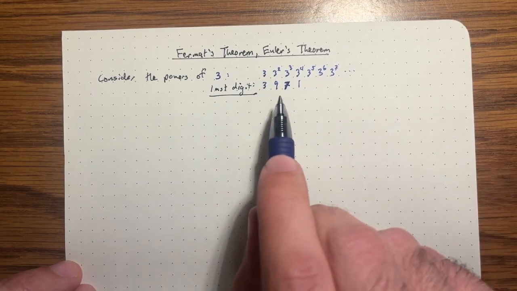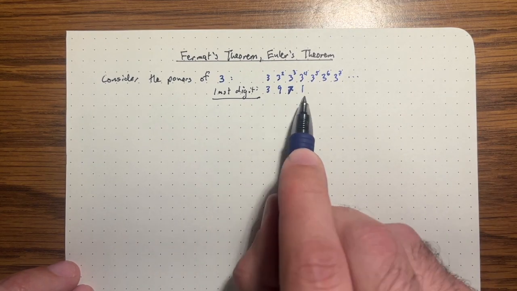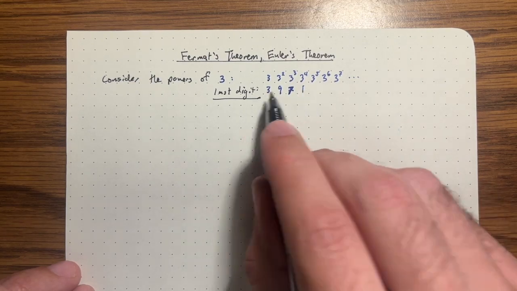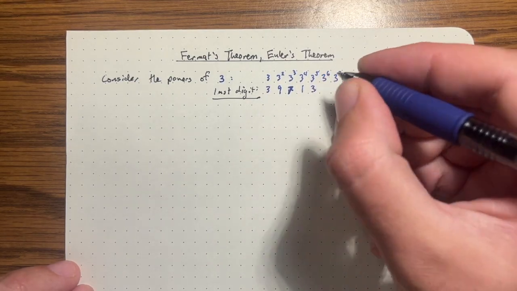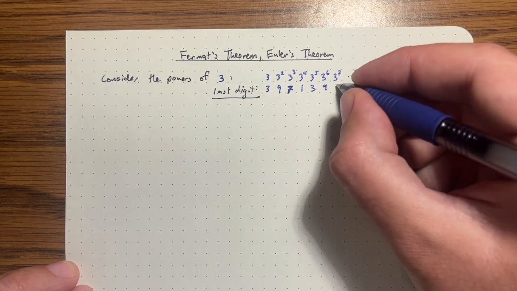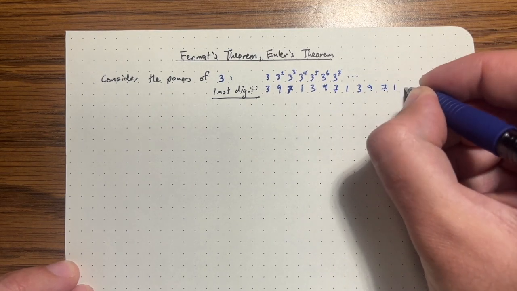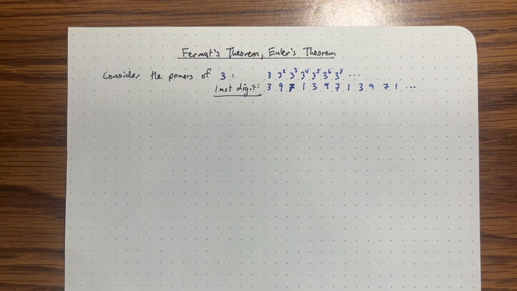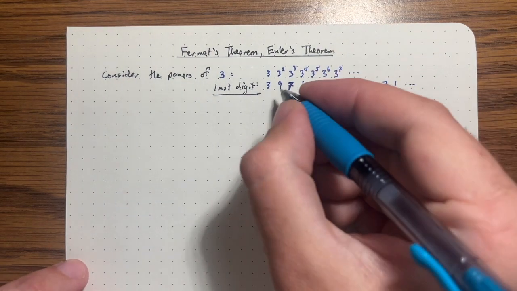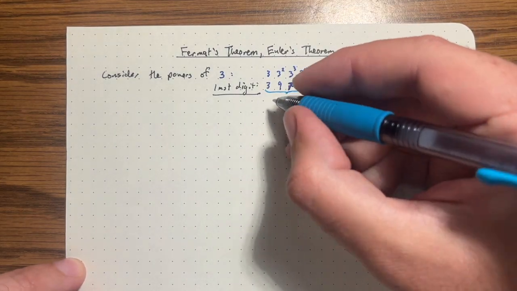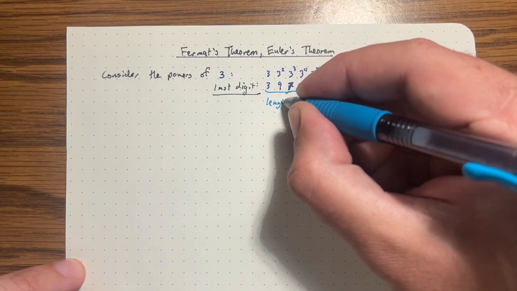We can already see the last digit is going to be a 3, because it comes from 1 times 3. And then we'll get a 9 again, and 7, and 1, 3, 9, 7, 1. That's going to repeat. So we actually have a repeating pattern. It's a length 4 repeating pattern.